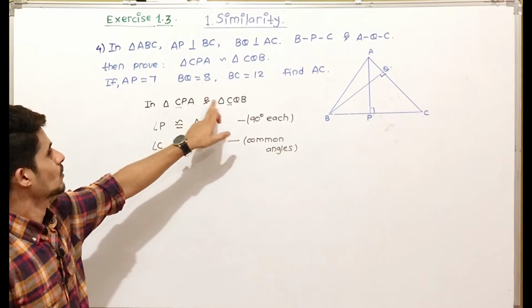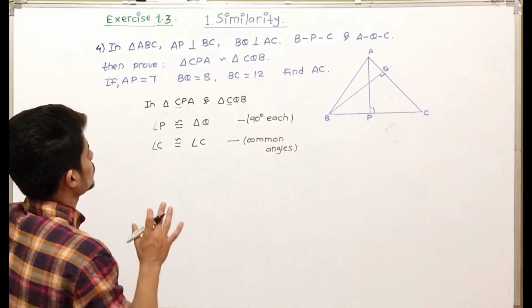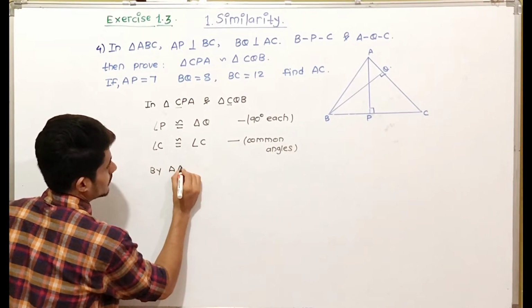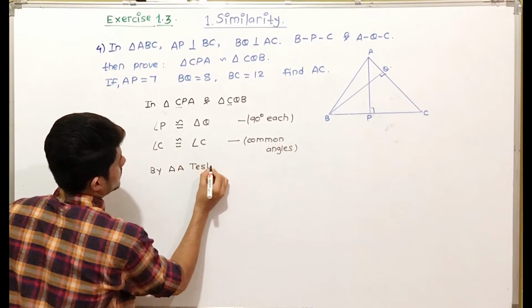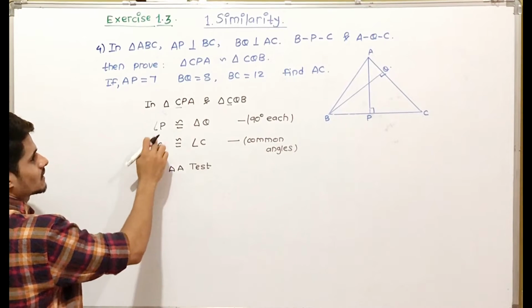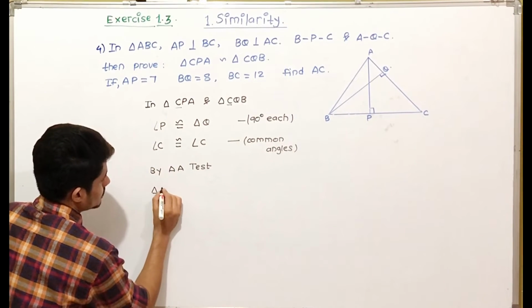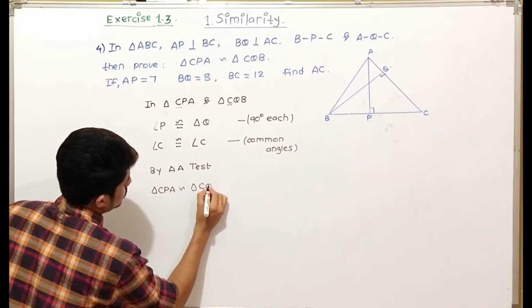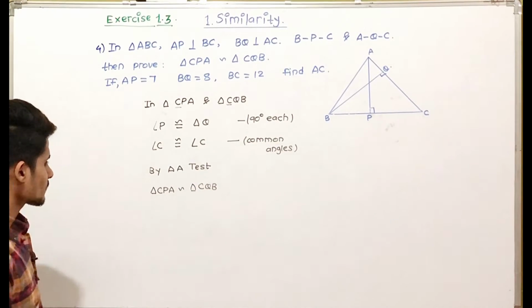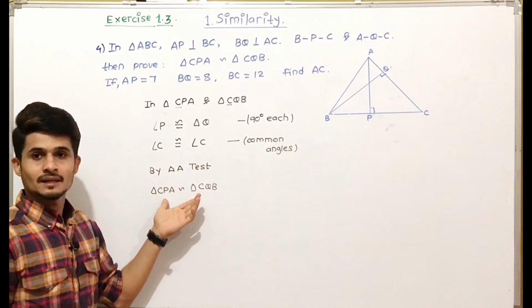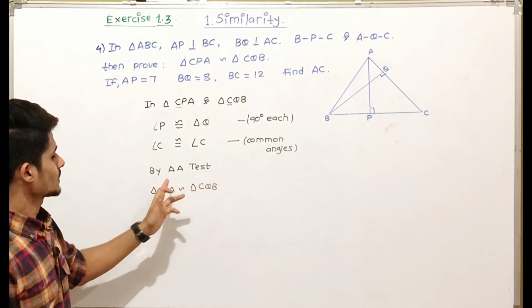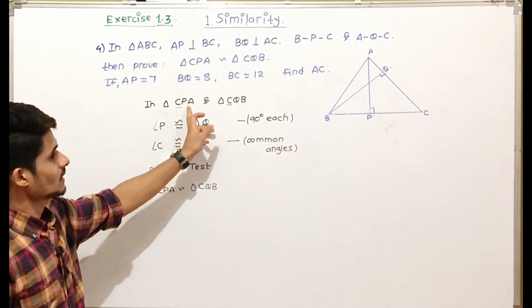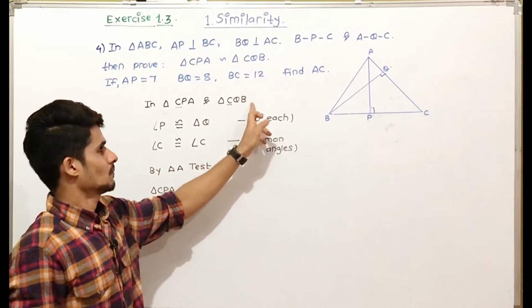So by AA test, that is the angle test, triangle CPA is similar to triangle CQB. By AA test, the triangles are similar.